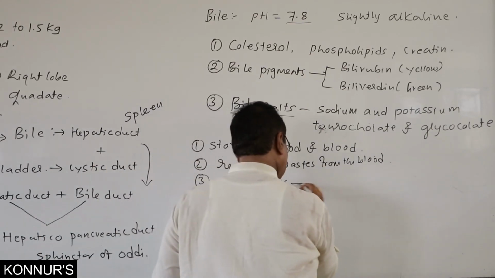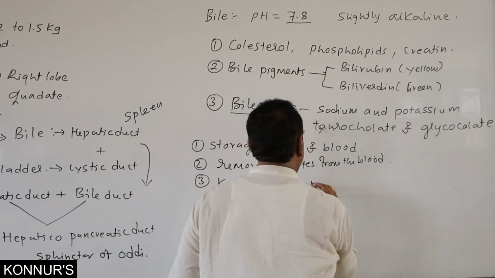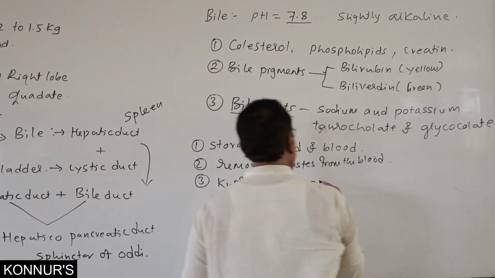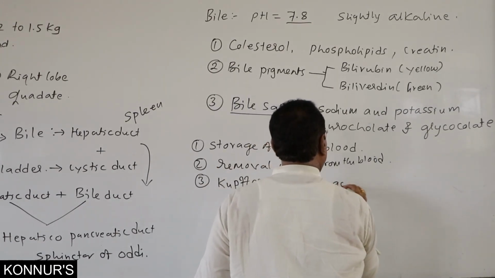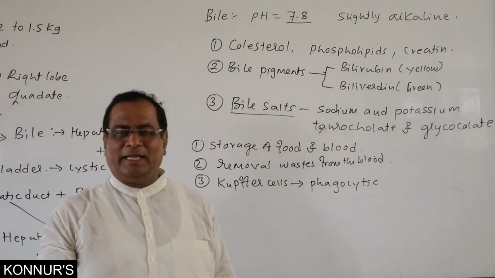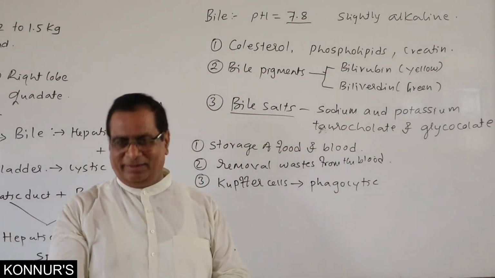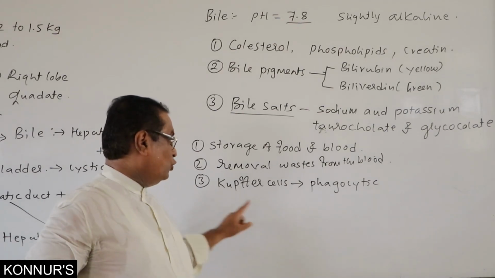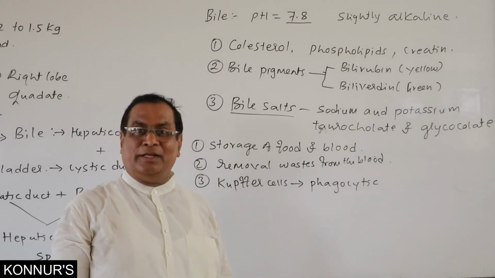These Kupffer cells are phagocytic. Phagocytic in the sense they can engulf the pathogen and kill. And these Kupffer cells are present in the liver as well.